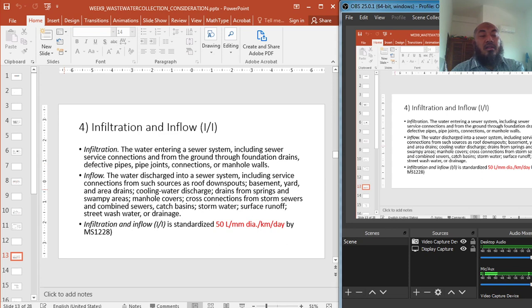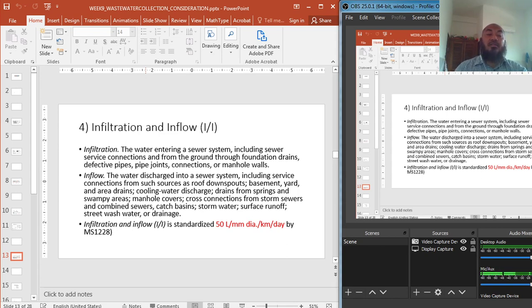Inflow is water discharged into the sewer system, including service connection, from sources for example roof downspout, basement, yard, and area drain, cooling water discharge, drain from spring and swamping area, manhole cover, from storm sewer and combined sewer, catch basin, catchment basin, stormwater, surface runoff, street water or drainage.